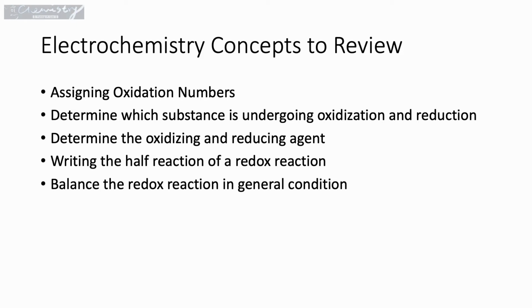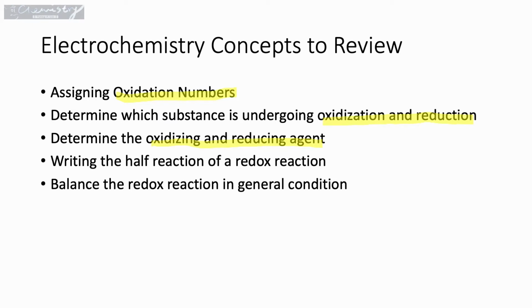Before you continue, please make sure to review the following concepts that we learned before. First is how we assign oxidation numbers, and then how we can determine which species undergoes oxidation and reduction, and what oxidation and reduction even mean, and also determine the oxidizing and reducing agent, or oxidant and reductant, based on the oxidation numbers.